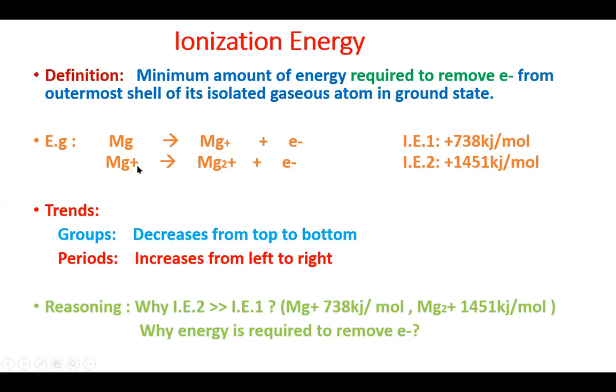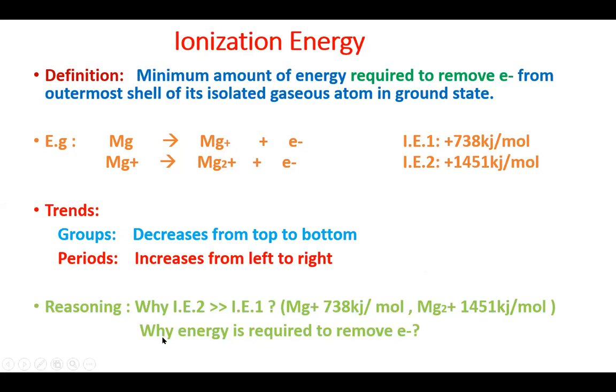We know that cations are always smaller than their parent atoms. We are removing the second electron from this cation, not from the neutral atom. Hold of nucleus on the remaining electron increases. So that's why in order to remove the second electron, extra amount or double amount of energy is required.